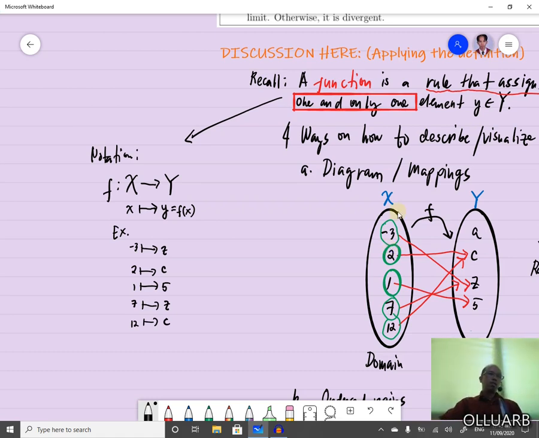So this is a function because no two objects here in the domain are repeated.